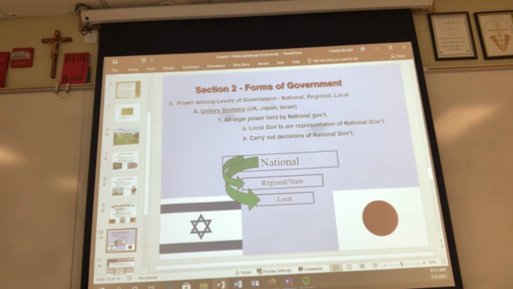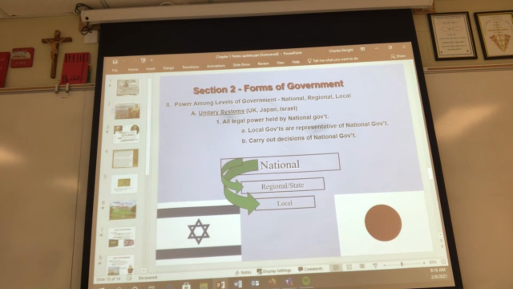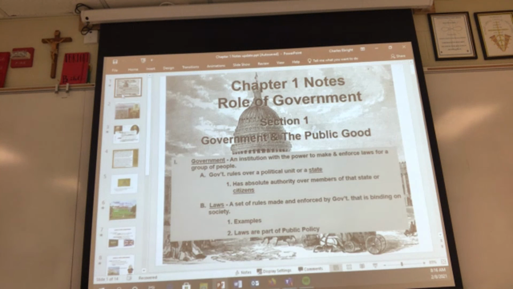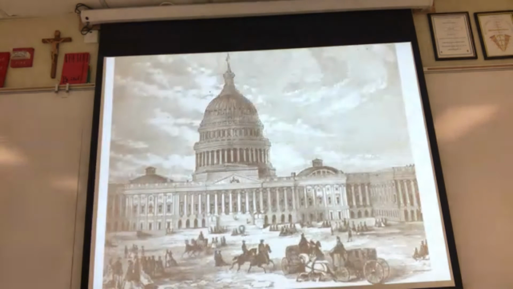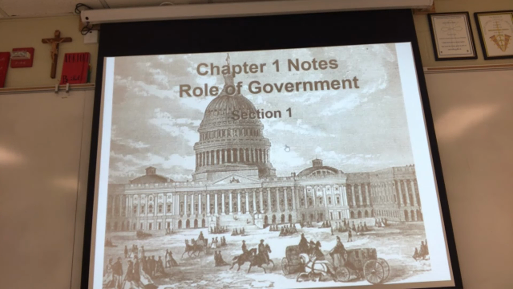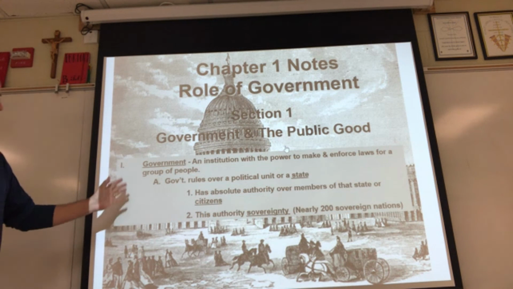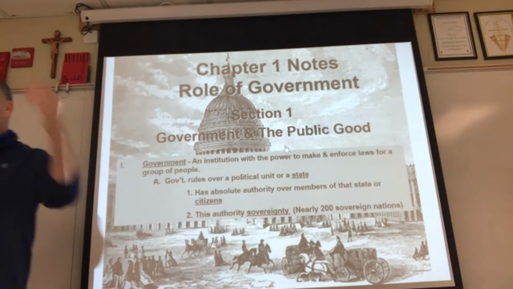Sovereignty just basically means the right to rule. Authority basically means the right to rule over yourself.